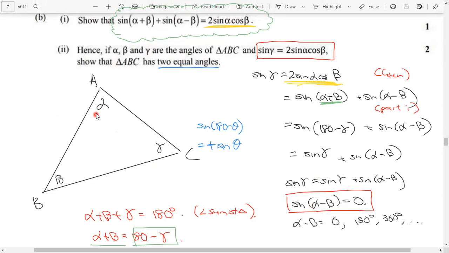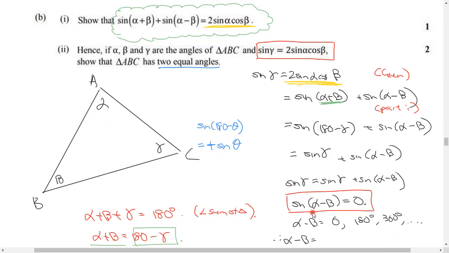But there's no way for two angles in a triangle to have a difference of 180 degrees. They're angles in a triangle. So therefore, alpha minus beta equals 0, which implies alpha equals beta. Which is another way of saying two angles are equal. So not only do they have two equal angles, but specifically alpha equals beta.